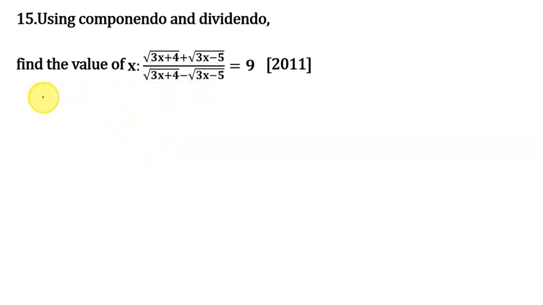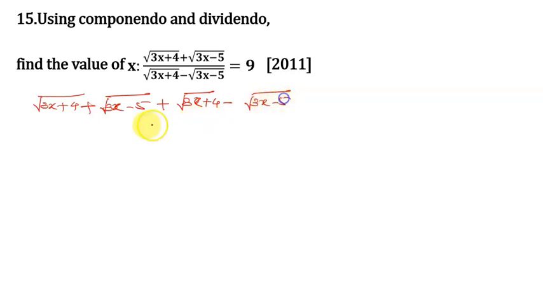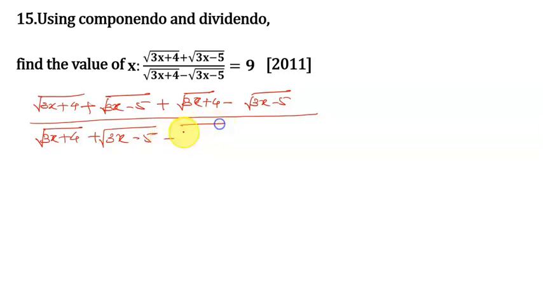Apply componendo and dividendo, then you will have root of 3x plus 4 plus root of 3x minus 5 plus root of 3x plus 4 minus root of 3x minus 5, and this whole divided by root of 3x plus 4 plus root of 3x minus 5 minus root of 3x plus 4 plus root of 3x minus 5, and that is equal to (9 plus 1) upon (9 minus 1).